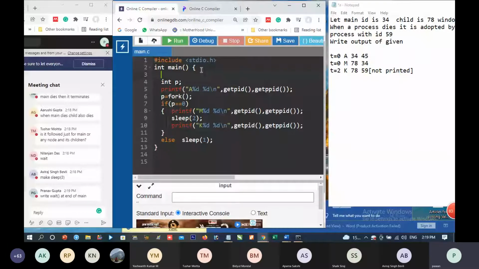Let us see it in this manner. If fork not equal to 0, sleep 100. Let us put a long sleep here.